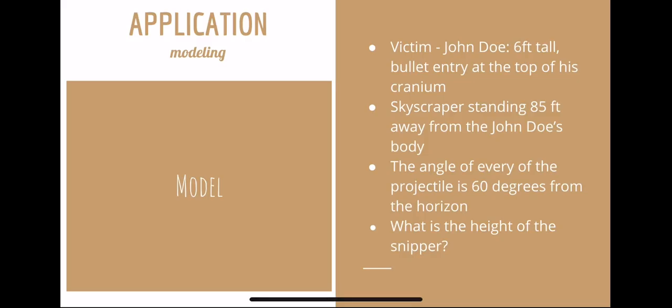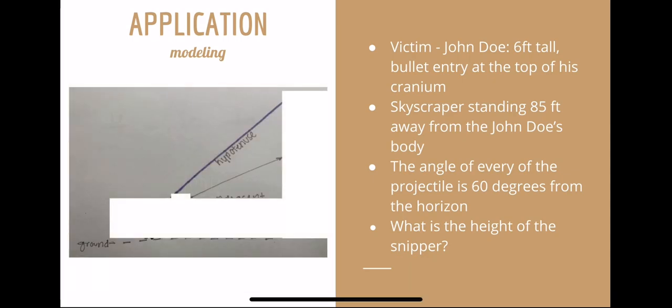Now for the application and the modeling of a problem. We are given a few bullet points of information to be able to make a model. That being the victim, John Doe, is 6 feet tall, and the bullet entered at the top of his cranium.